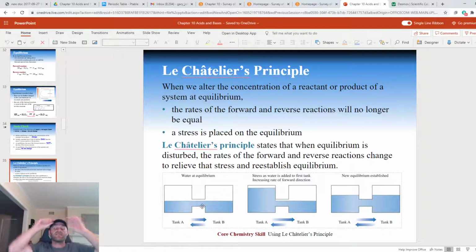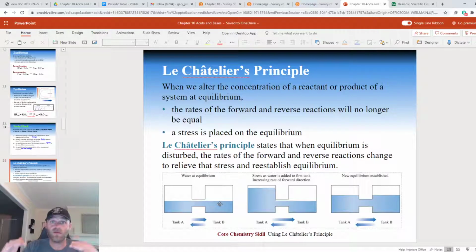So this is essentially like two buckets of water that are connected on the bottom. Okay, you see that? So all of these equations go through this little balancing act, and I like to think about it like we're balancing water. On the left side, I'm looking at tank A to tank B, the water at equilibrium.